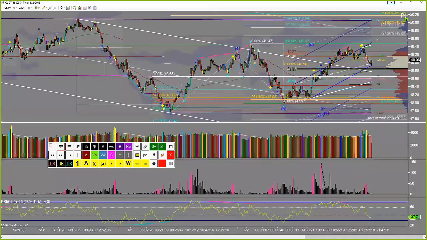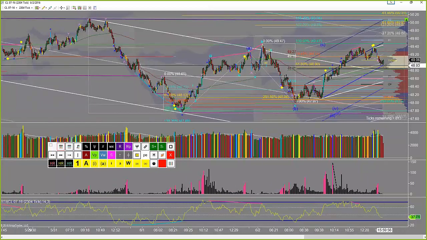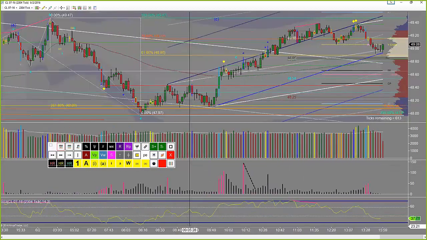I had drawn this a moment ago, and I had an order in to buy as a double bottom here, but it didn't fill just before the presentation here.